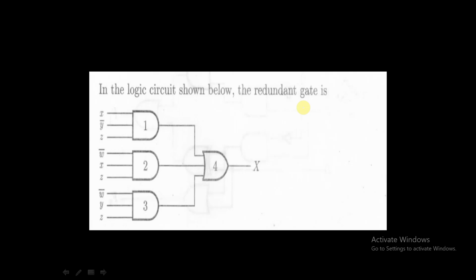So you can use a k-map to find the redundant gate.